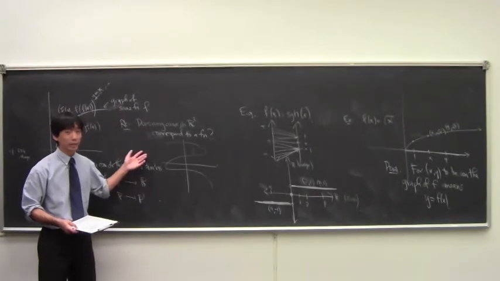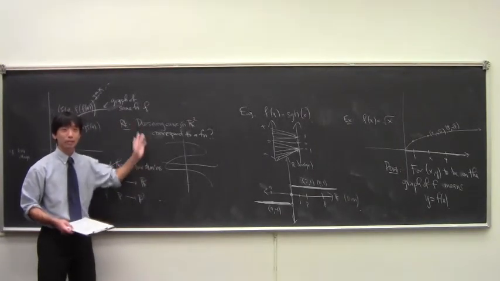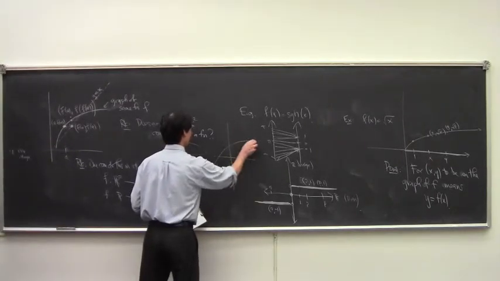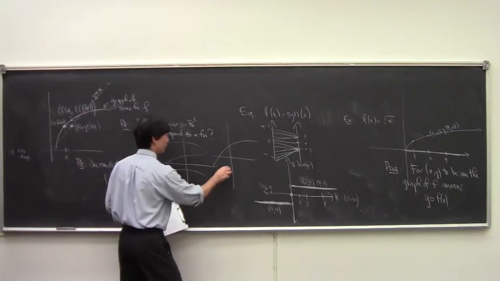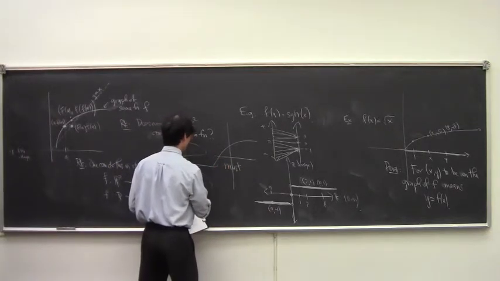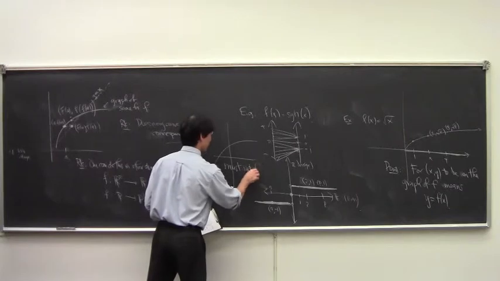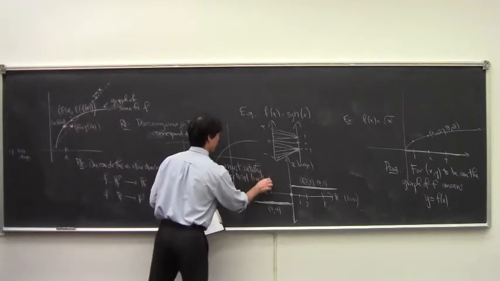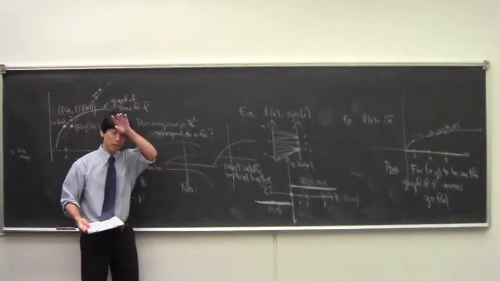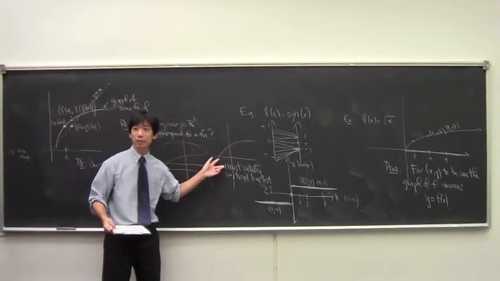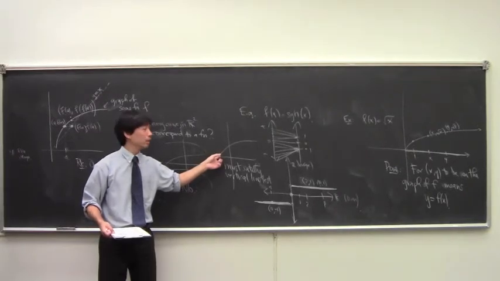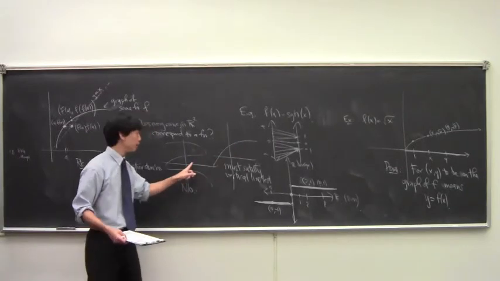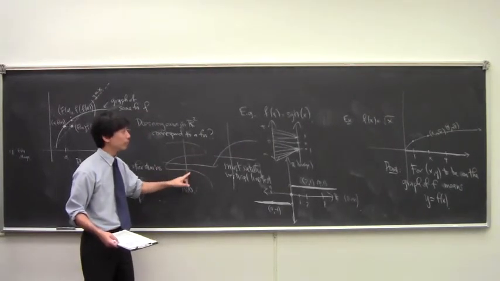No, right? What needs to happen? It has to satisfy the so-called vertical line test. And that's basically just another way of saying that the function must be well defined. If you give it an input, there is only going to be one output. It's not that you give it some input and then there are many possible outputs.